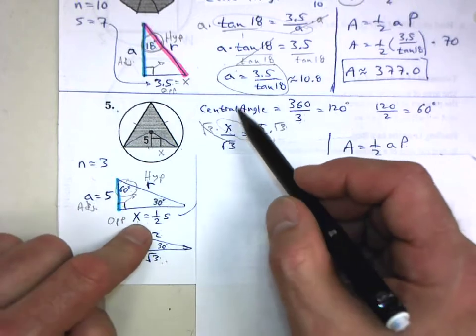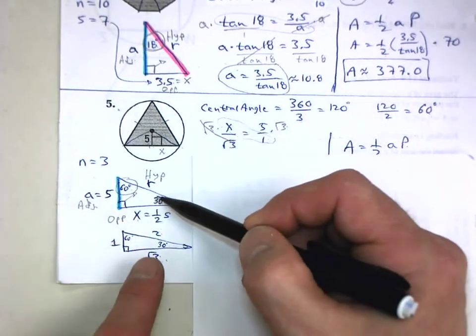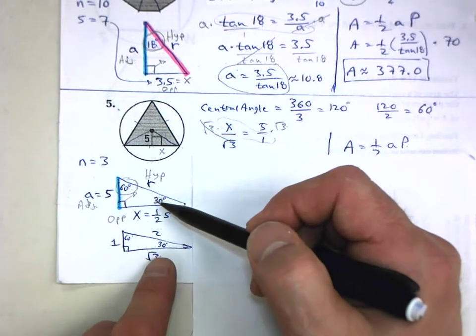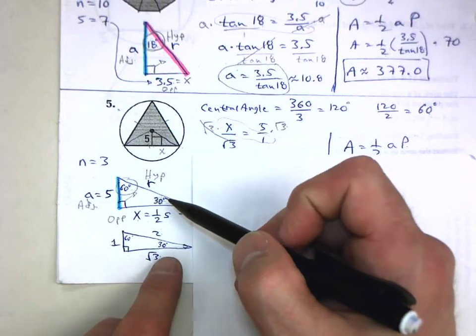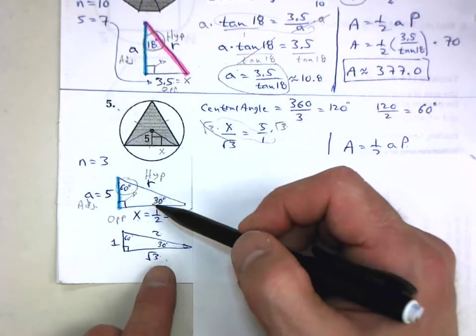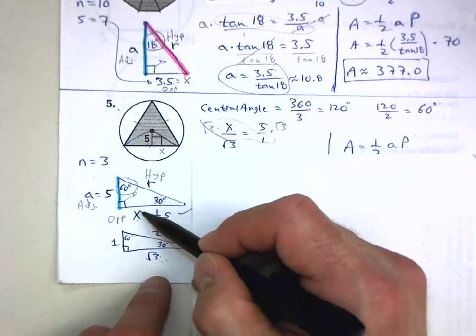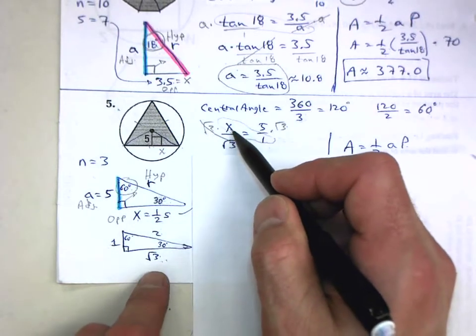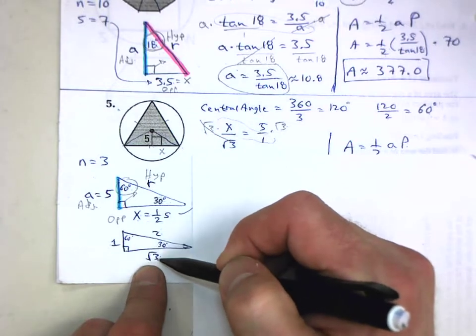So I have x over square root of 3. Because these two triangles are similar with each other, they have the same shape and proportional sides. So I can create a proportion between corresponding sides. Here's x that I want, so x is up on top, and the side that corresponds to x is my square root of 3.